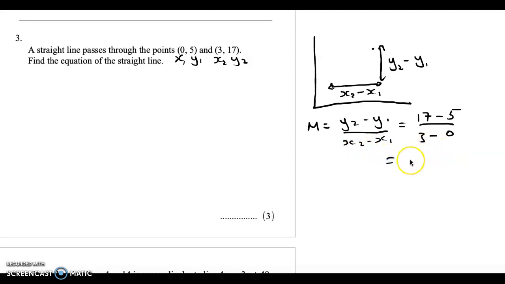That equals 12 over 3, which equals 4. So our gradient is 4.